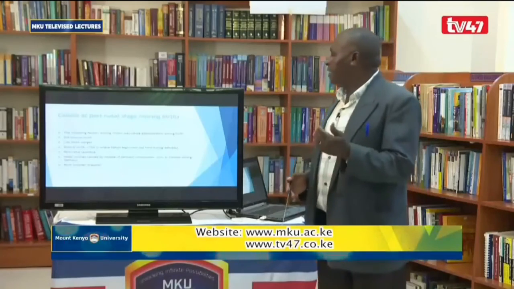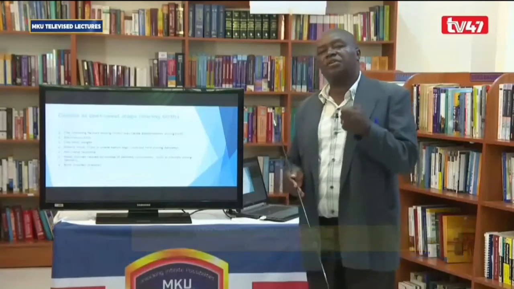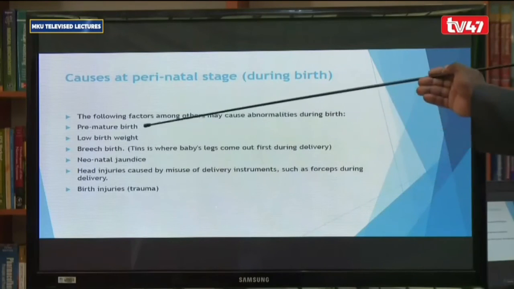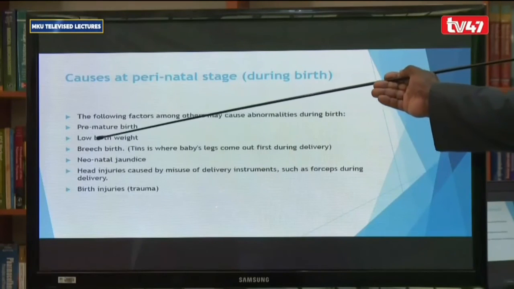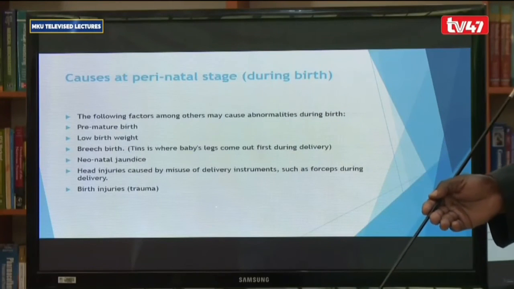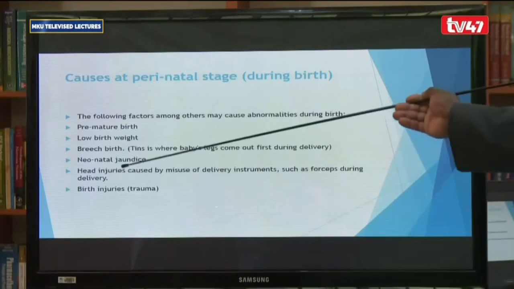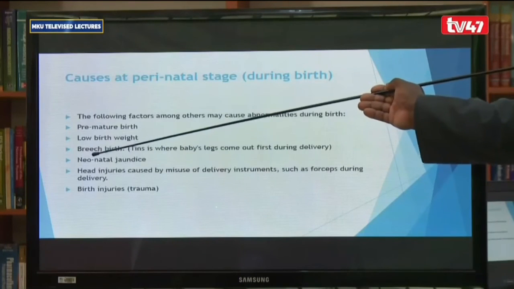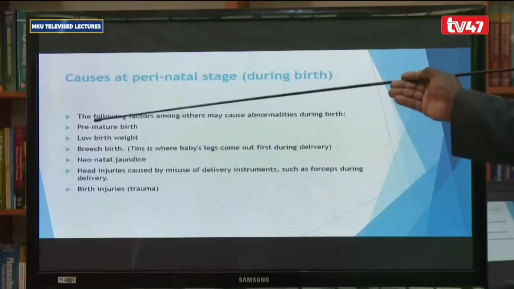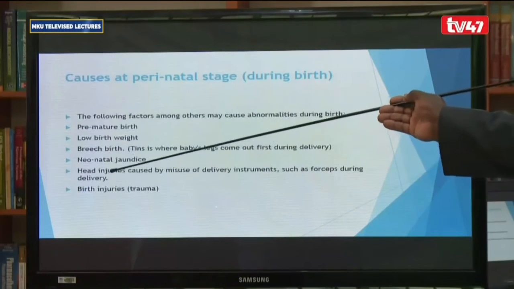And then perinatal causes. This is during birth. During birth, there are causes here. Premature birth may lead to a special need. And also breech birth may lead to a disability.